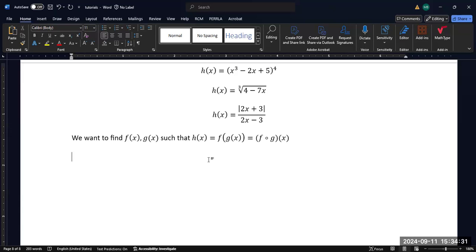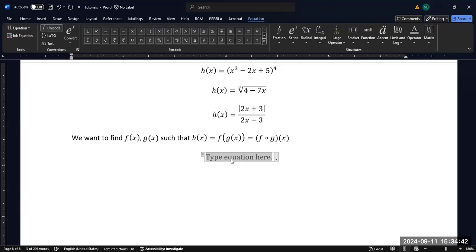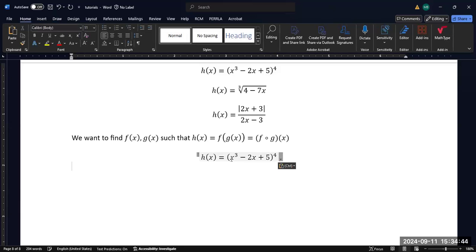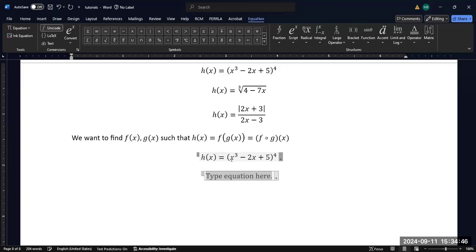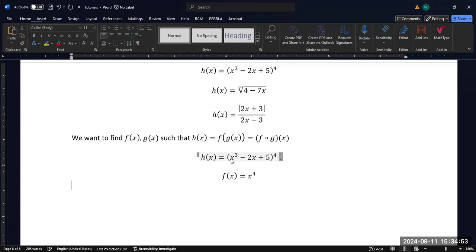So let's take our first example. In this case, we have something raised to the 4th power. So the function on the outside, that's our f function, is something to the 4th power.